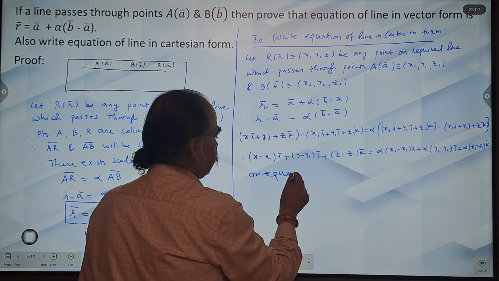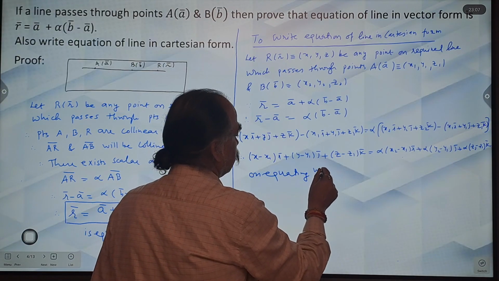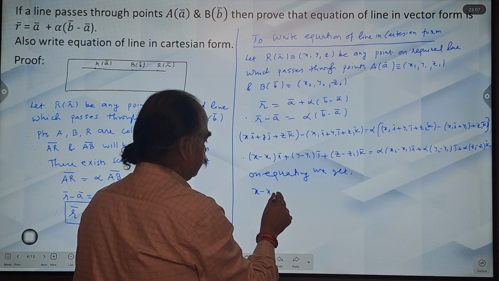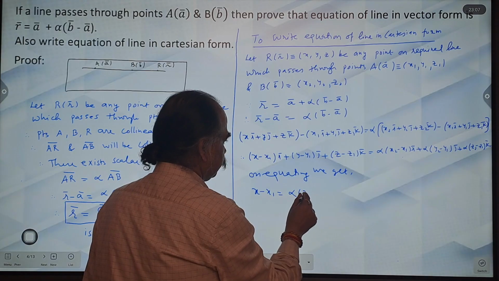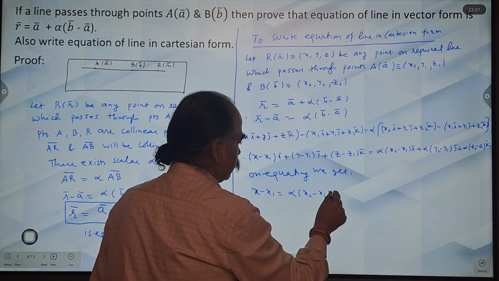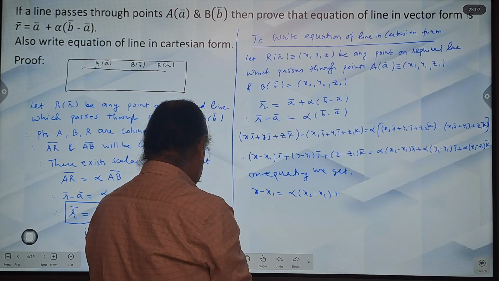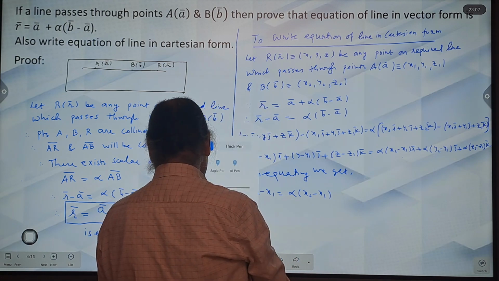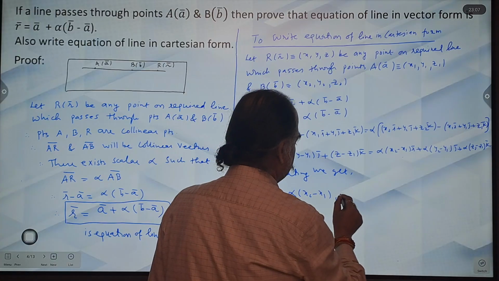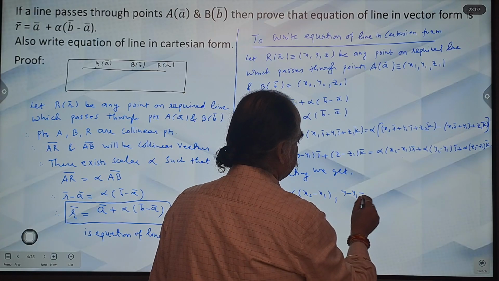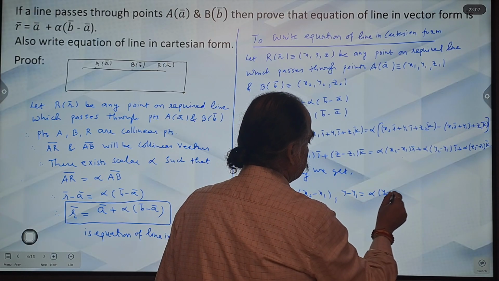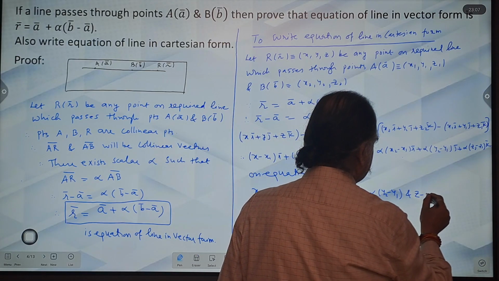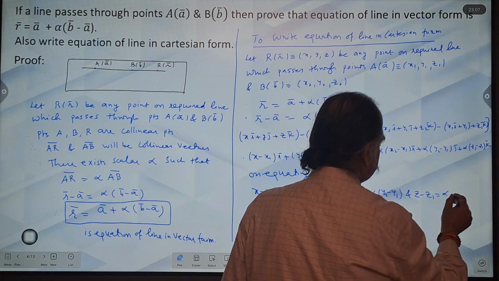On equating we get x minus x1 is equal to alpha times x2 minus x1, and y minus y1 is equal to alpha into y2 minus y1, z minus z1 is equal to alpha into z2 minus z1.